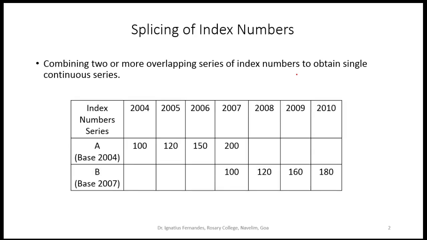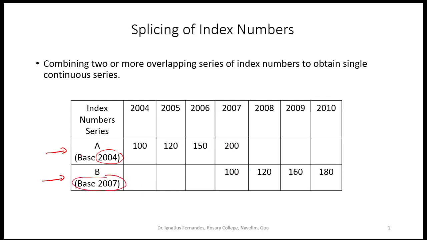Let's say, for example, suppose you have two series of index numbers like this. A series A which has a base 2004. All these index numbers are with the year 2004 as the base. And we have a series B, a set of index numbers which are with the base of 2007.